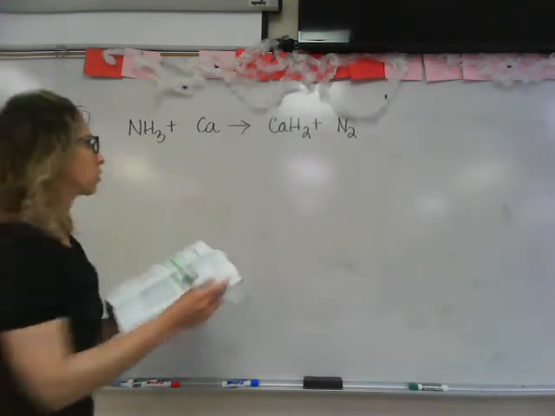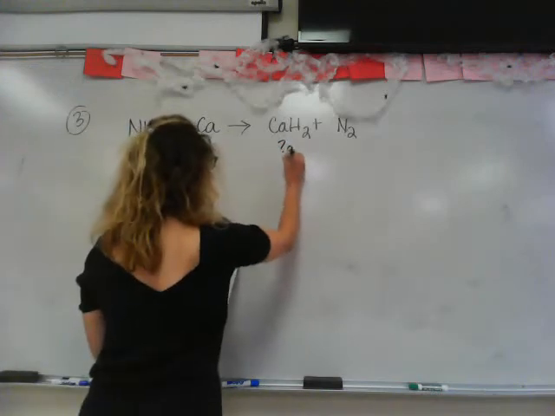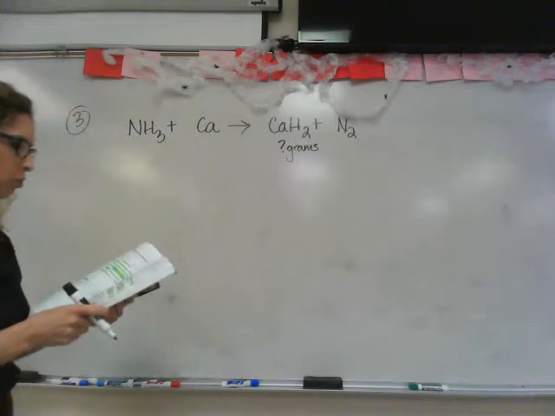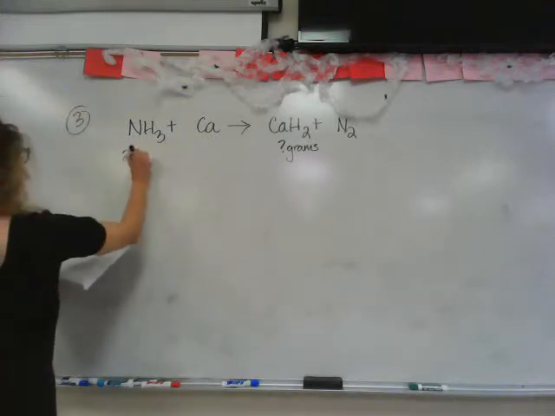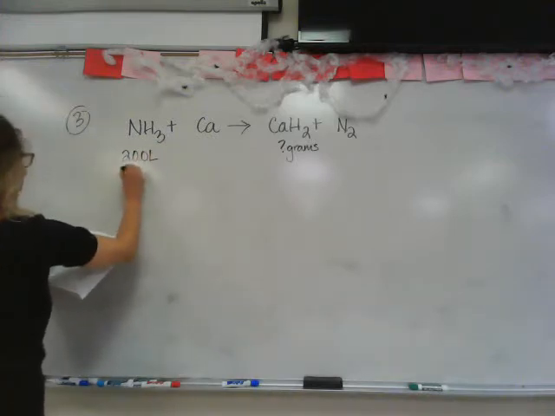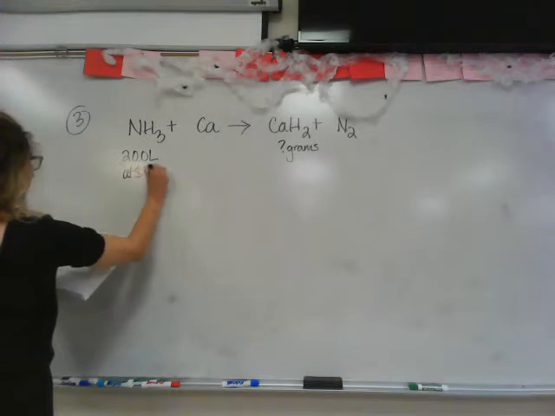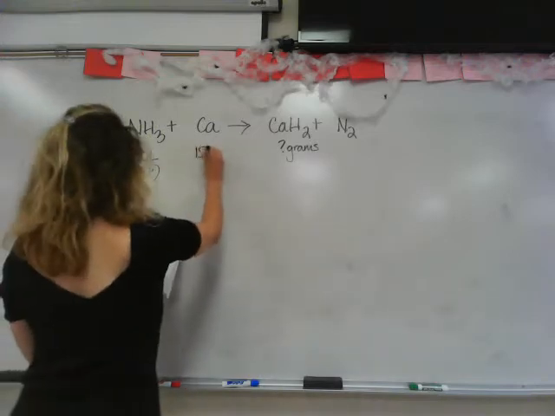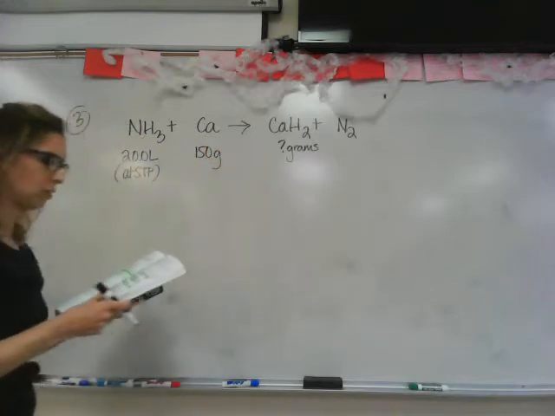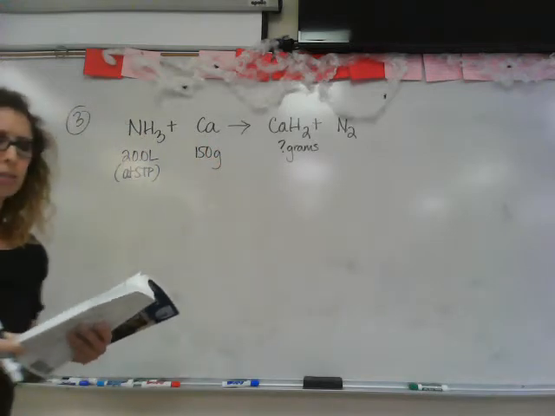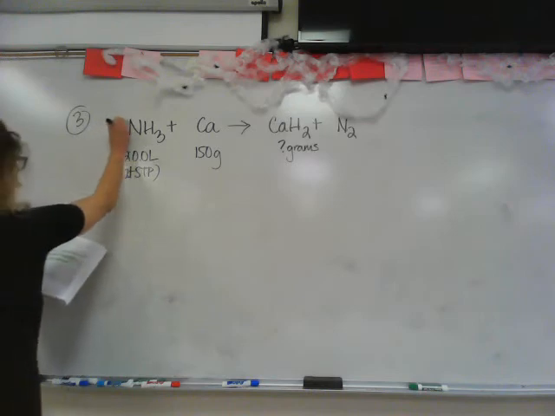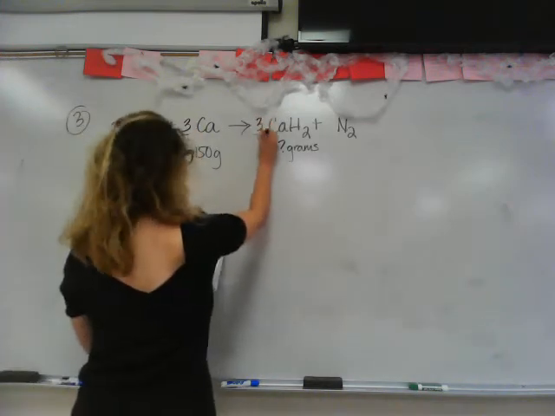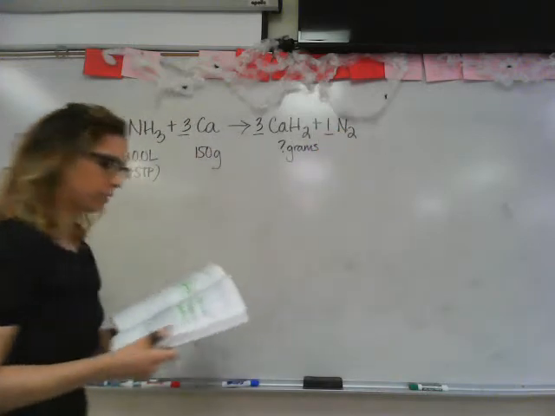What mass of calcium hydride, so I'm going to put question mark grams underneath CaH2, results when 20 liters of ammonia measured at STP and 150 grams of calcium reacted? What quantity of excess reactant remains? So I just need to put some coefficients in here to make sure that this is balanced. Okay, and now we're ready to go.